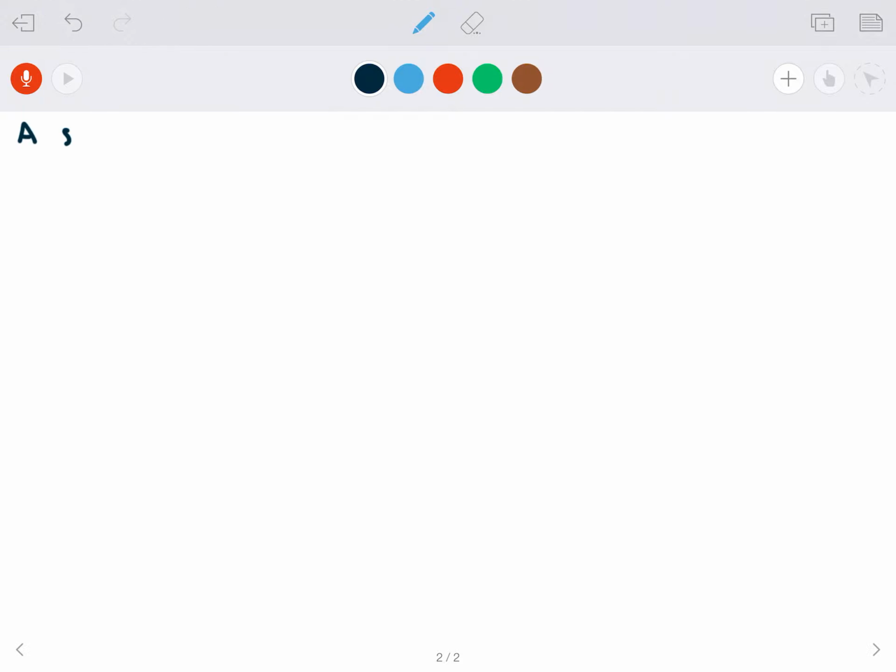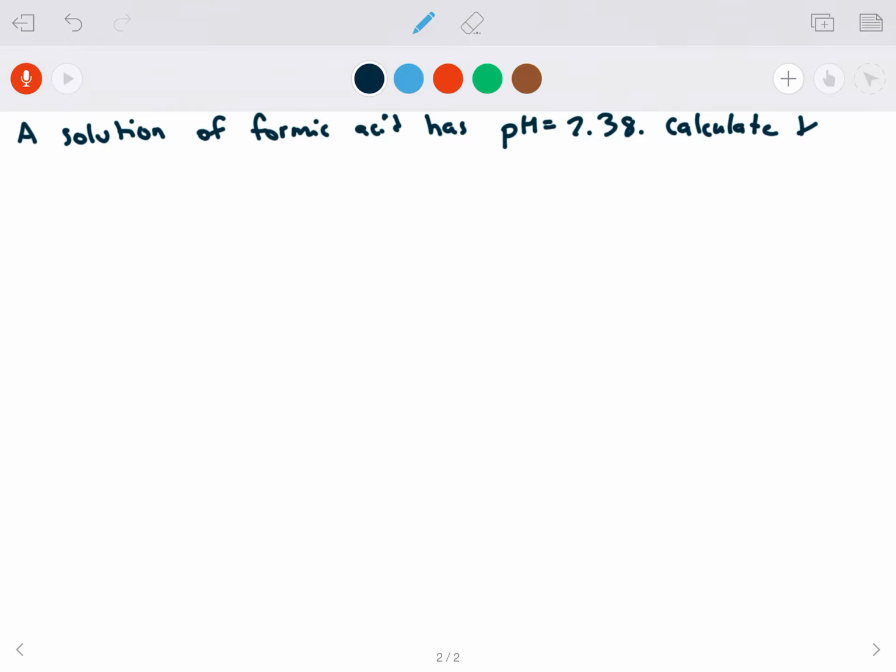So we have a solution of formic acid that has a pH of 2.38. Calculate Ka. We're told we have an initial concentration of formic acid of 0.10 molar.